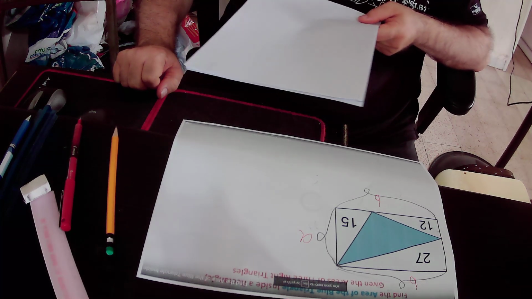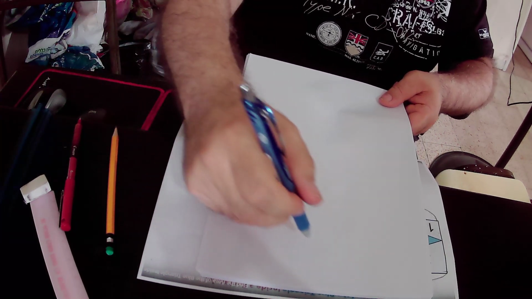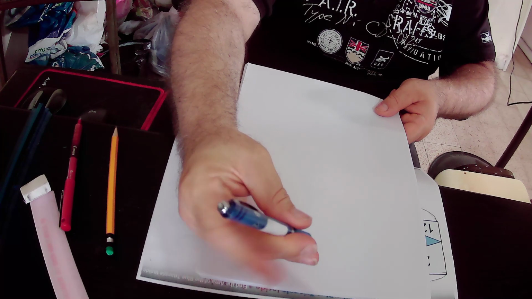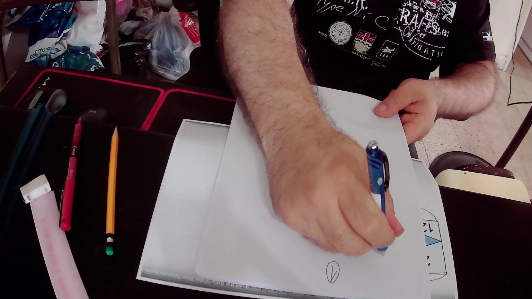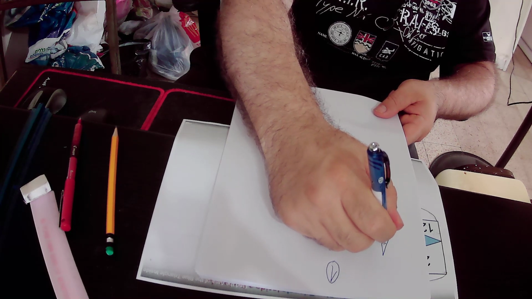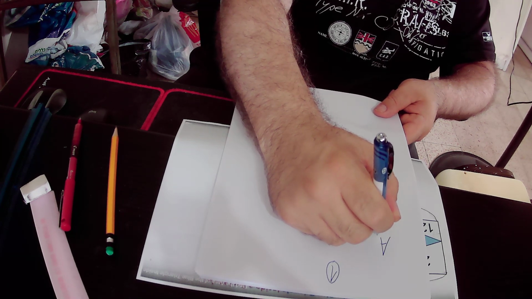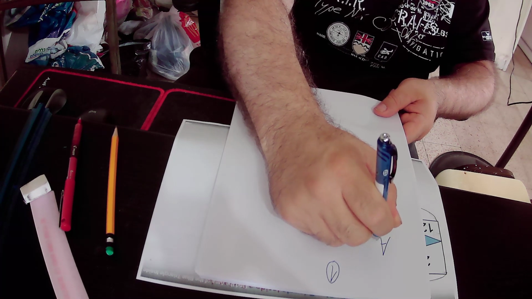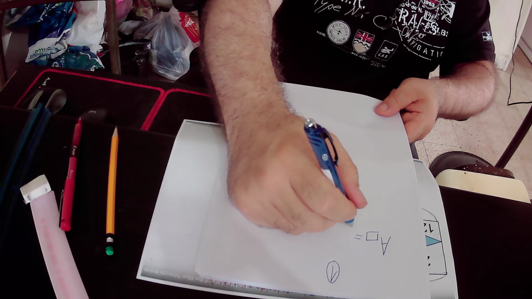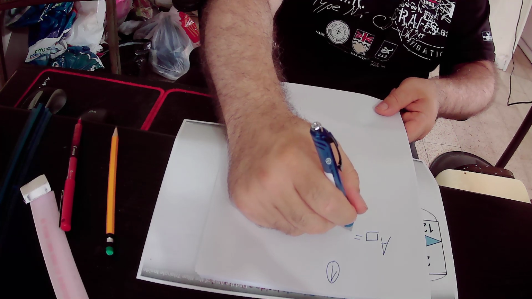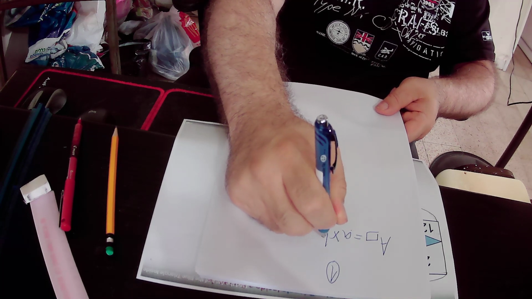Okay, so we will write it down. We will call the area A. So the area of the rectangle equals the width of the rectangle times the length of the rectangle.